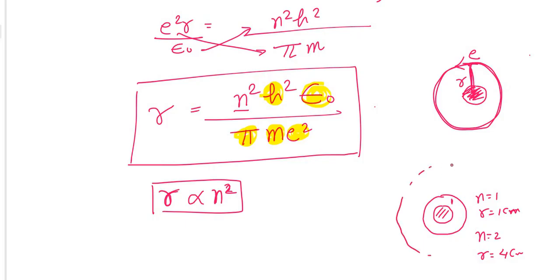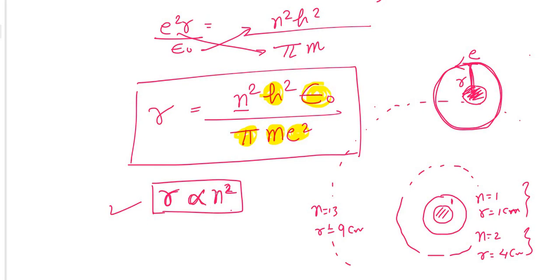If we take n is equal to 3, the radius will be 9 times, which is 3 square, a very big radius. So this was the conclusion given by Bohr's model, that the radius of any shell on which the electron is moving is proportional to n square.